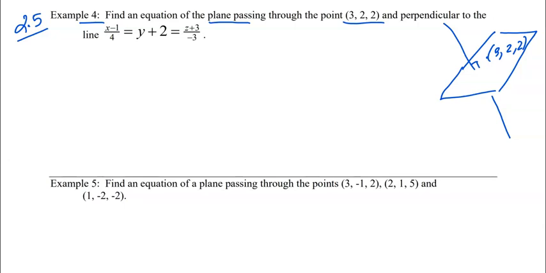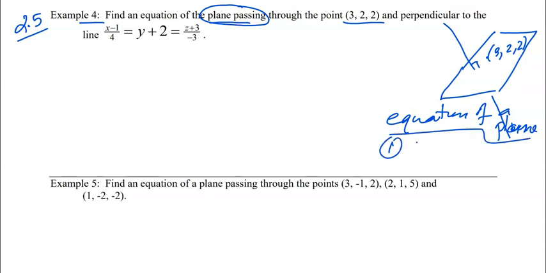So that means if you want to find the equation of a plane, you need a point on the plane, and a vector, a normal vector or perpendicular vector, right?